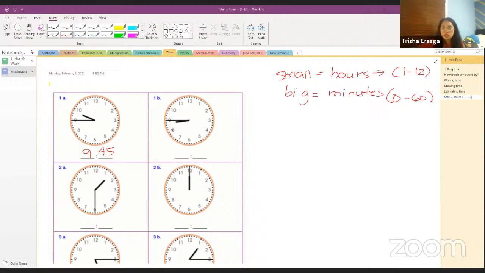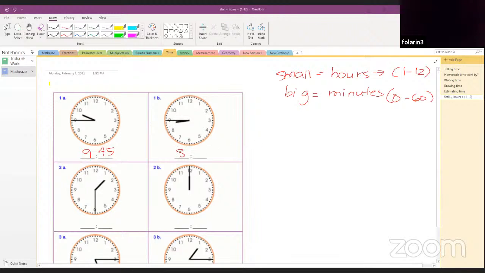So for this one, we look at the small hand first. That's what we put to the left of the dots. For this one, the small hand is in between 9 and 8. Since it's not exactly a 9, we always go for the lower number. So it's going to be an 8.